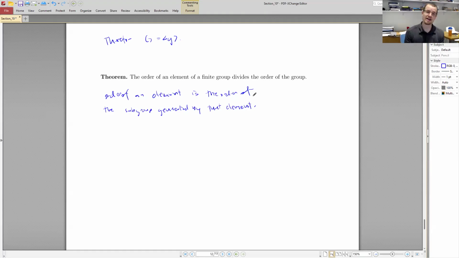So since we have that the order of a subgroup divides the order of a group, and since the order of an element is defined to be the order of a subgroup, we must have that the order of an element divides the order of a group.